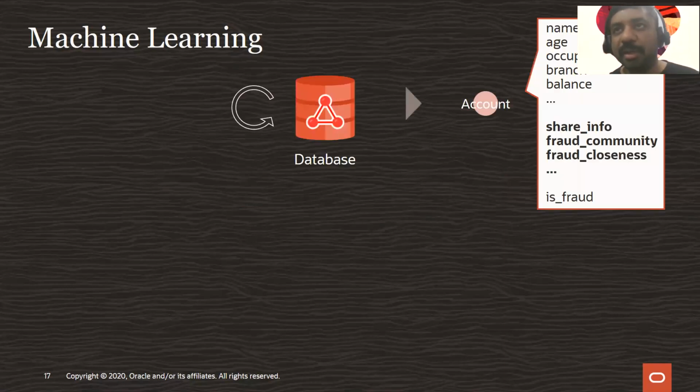Now, ultimately, Oracle database also has the machine learning capabilities or the advanced analytics capabilities. So what in turn can we do? Based on the data set that we have generated, even with respect to the vertex table or the edge table, we can run these algorithms and then have the results captured in the database, which can then be used for prediction. So say for example, some details like name, age, occupation, branch, balance.